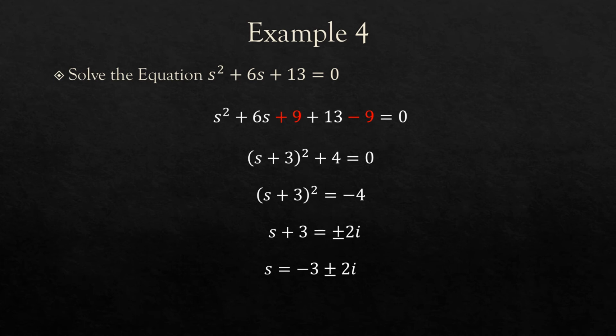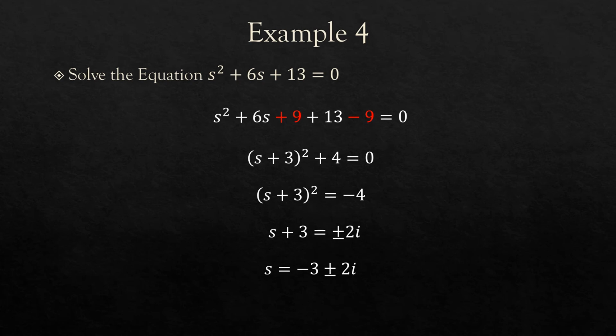Our final example, we'll solve the equation s squared plus 6s plus 13 is equal to 0. So once again, we'll add 9 and subtract 9 on the left-hand side. Then we'll factor this, and we'll get s plus 3 squared plus 4 is equal to 0.